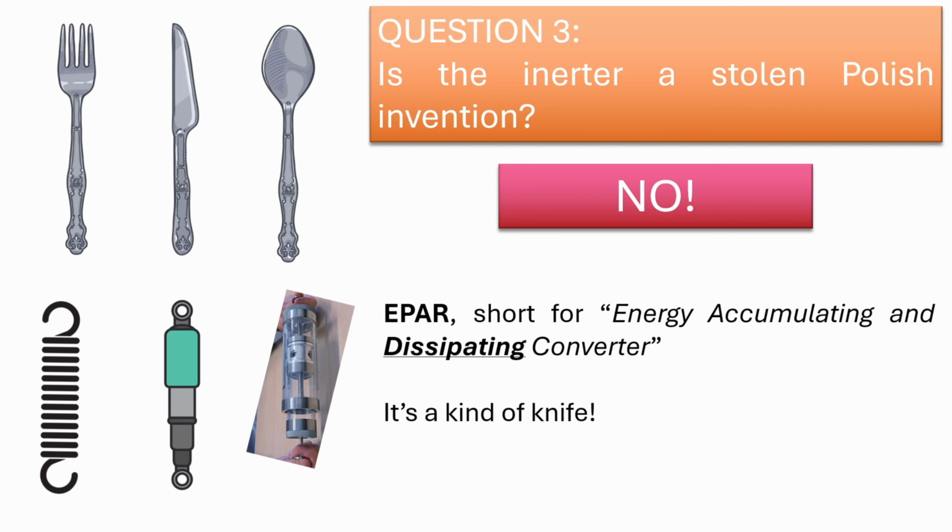However, the EPAR is, as the name suggests, an energy dissipator, much like a damper, or in our analogy, a knife. At the second level of explanation, I will actually show you the patent of the EPAR, where this is made clear. So while the Polish media engaged with the idea of a stolen invention, the international scientific and engineering community regards the Inerter and the EPAR as distinct devices.